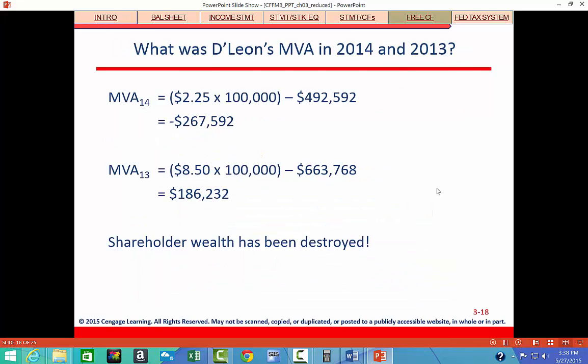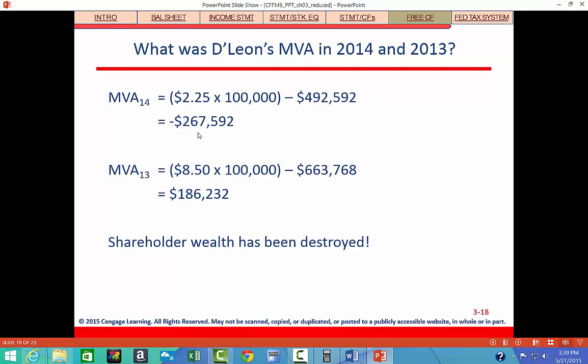So let's look at the market value added in 2014 and 2013. Well, remember the price per share dropped to $2.25 in 2014 because the stock market reacted negatively. And so that's going to be $225,000 minus $492,592.